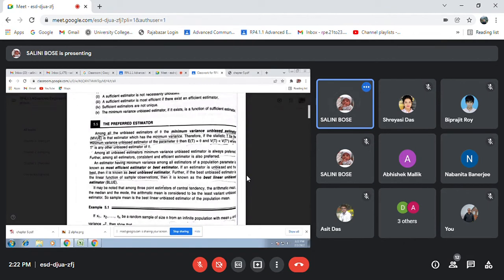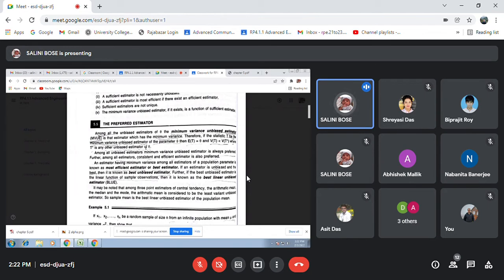Now, which type of estimator can we prefer? Among all the unbiased estimators of theta, the minimum variance unbiased estimator will be preferred to estimate the population.